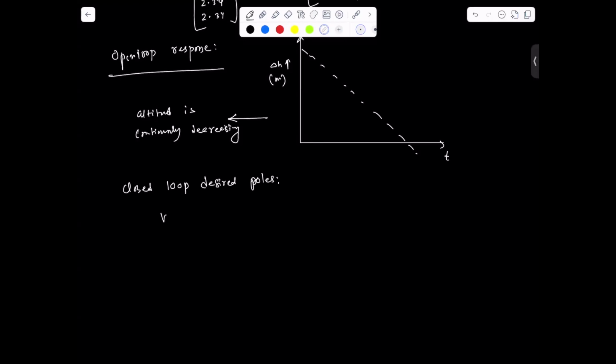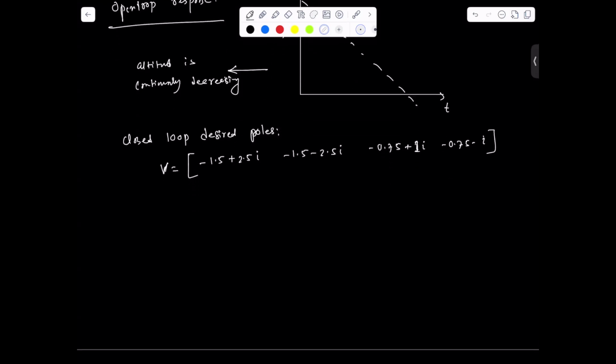We can define them as minus 1.5 plus 2.5i, minus 1.5 minus 2.5i, minus 0.75 plus 1i, and minus 0.75 minus 1i. So these are the desired pole locations.